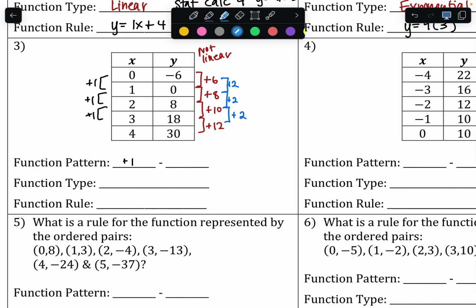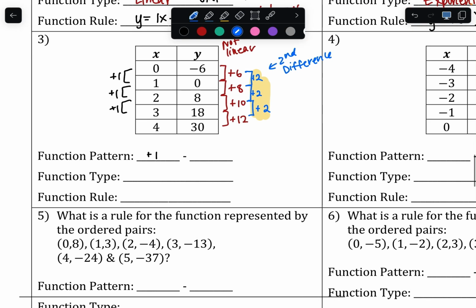And so these numbers are called your second differences. And if the second difference is constant, that means it's quadratic. And so here I'm just going to write second difference, constant, const. And so that tells us we are working with a quadratic function.